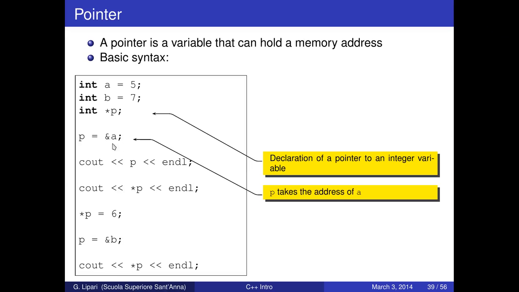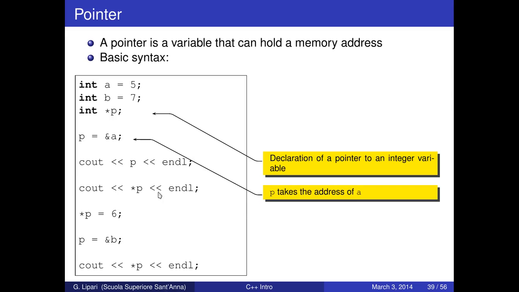In Italian this is e commerciale, in English it's ampersand. So p equal ampersand a means that p gets the address of a. Of course you can print this address and you will usually obtain a hexadecimal address.